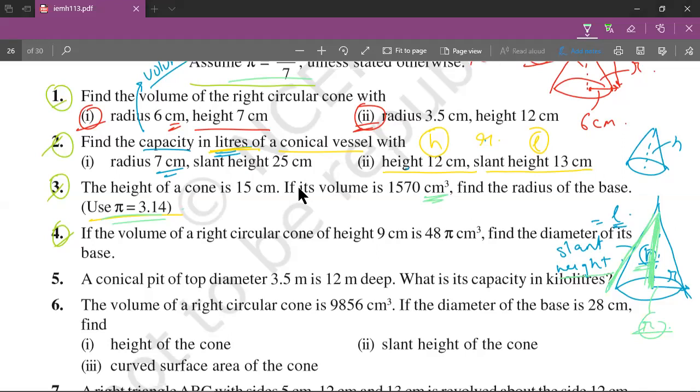So look at the question. We will move on. So I'll erase this, and let's move on to the third question. The most important part is that you please draw a figure. It will help you in solving a problem.